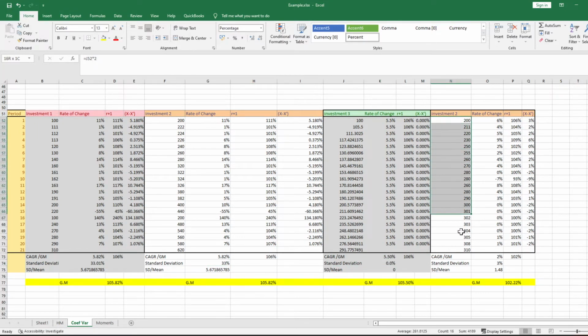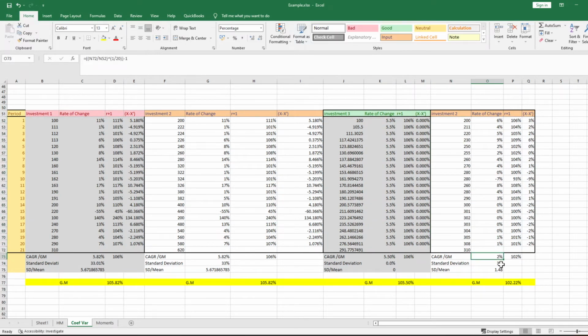And there is another investment where you have a CAGR of just 2, the standard deviation is 3, and the standard deviation by mean is 1.4. You have a very minimal variation and a minimal return. So in this, what would you choose as an investment? I would abruptly choose this one, as the variation is much lower and the CAGR is lower than this investment, but still you are safer and stable.